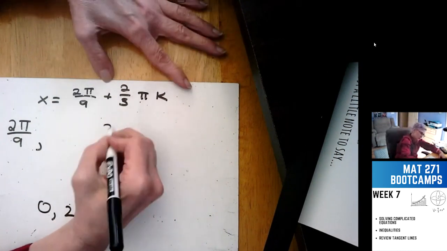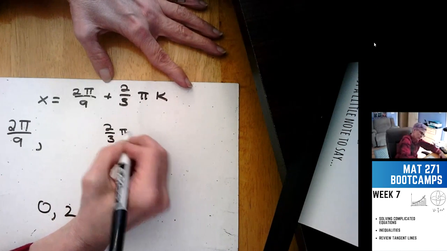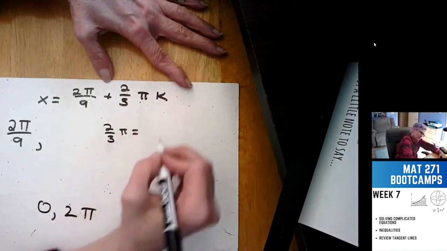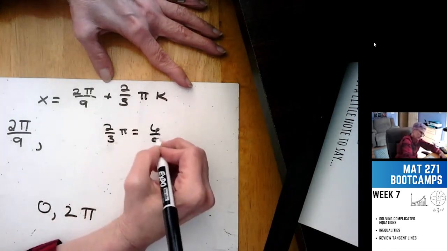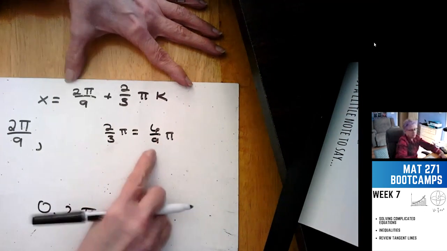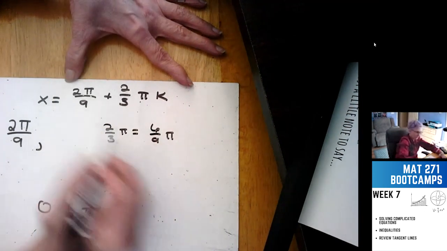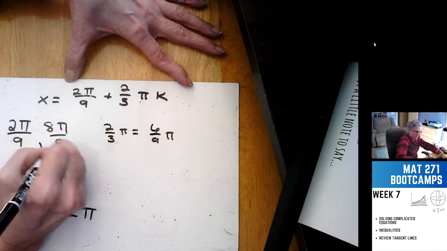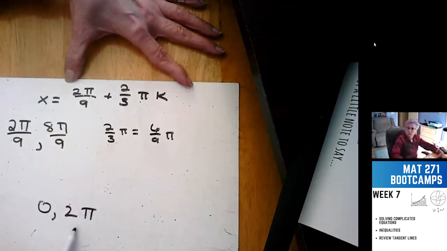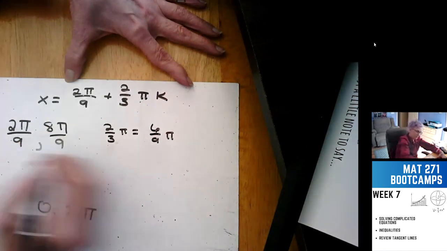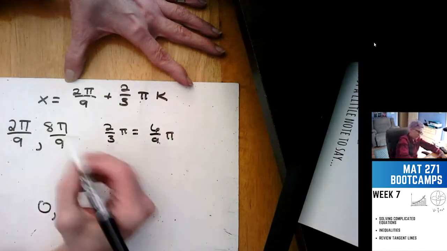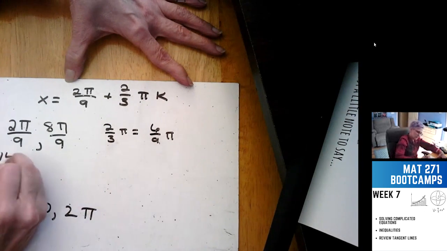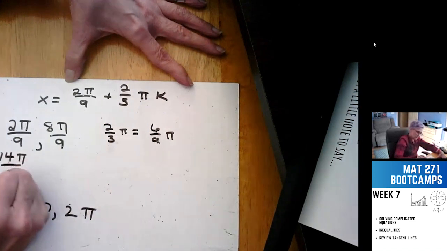Well, let's see, 2/3 pi is the same thing as 6 over 9 pi. Now I have a common denominator. 6 plus 2 would be 8 pi over 9. Yeah, that's between 0 and 2 pi. That's an answer. What if I do it again? 8 plus 6 gives me 14 pi over 9.